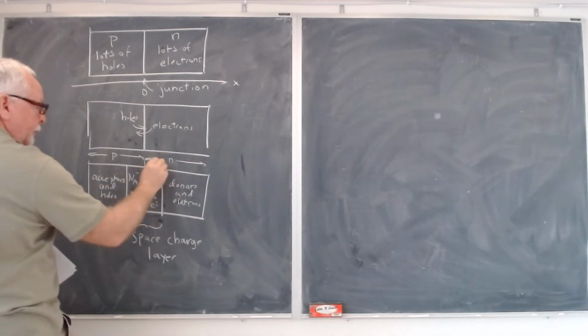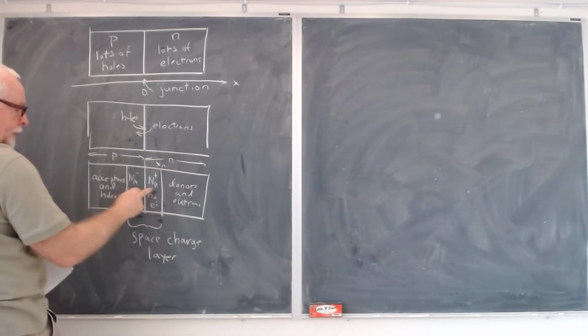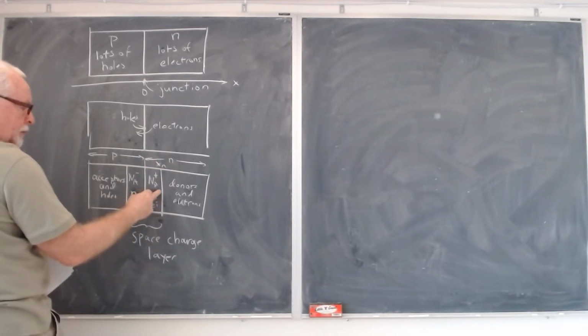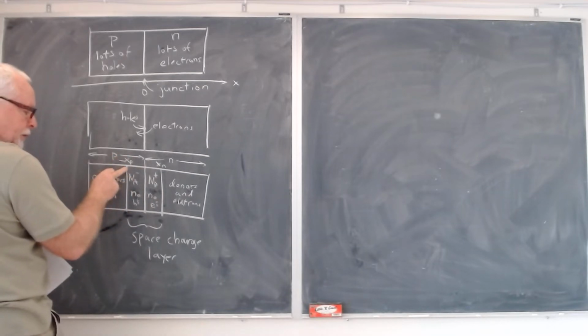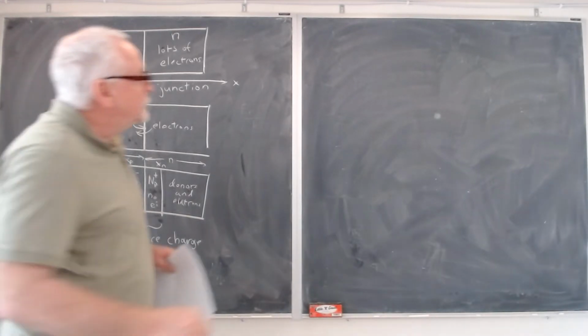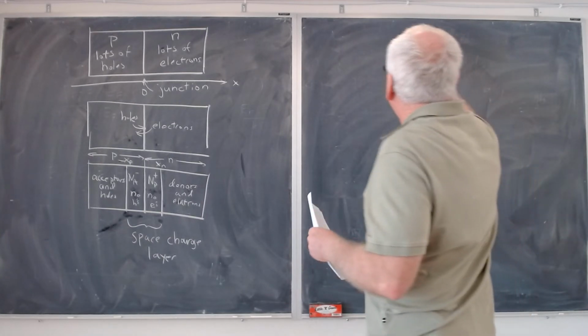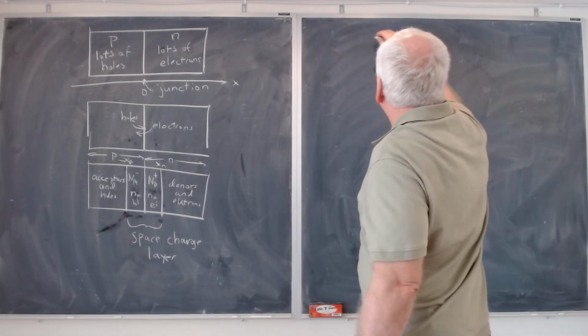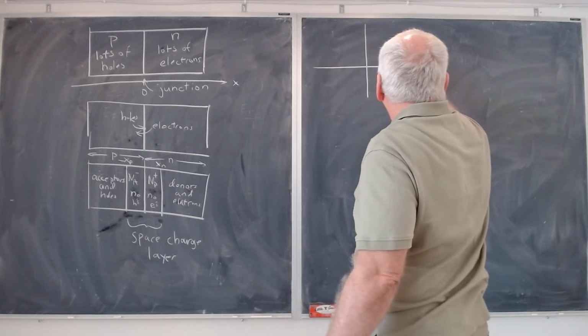What we're going to define is x sub n as the edge of the space charge layer on the N side, and negative x sub p as the edge of the space charge layer on the P side. So what I'm going to draw first is the charge density rho.